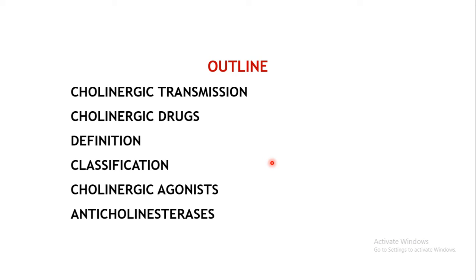Coming to the outline of this chapter, before going into the actual cholinergic drugs, we shall cover the cholinergic transmission. We will see how exactly the neurotransmitter acetylcholine is synthesized, where it is stored, how it is released or metabolized, what the different receptors are through which it mediates its action, and what effects are seen after stimulation of those receptors.